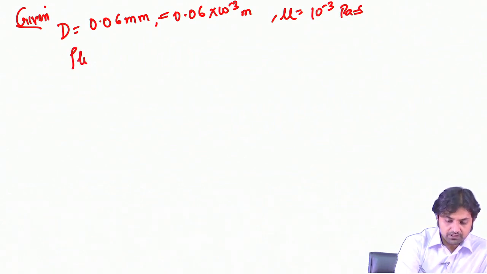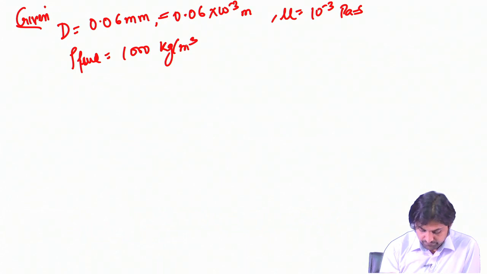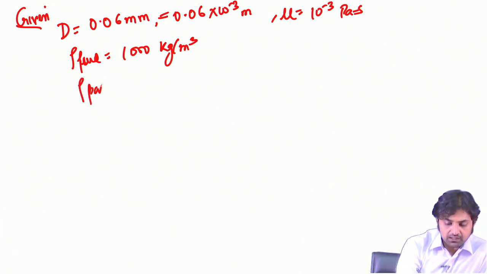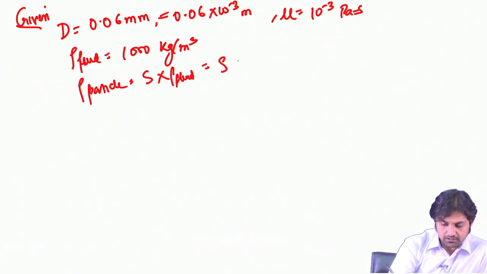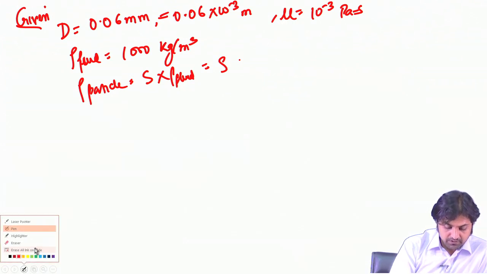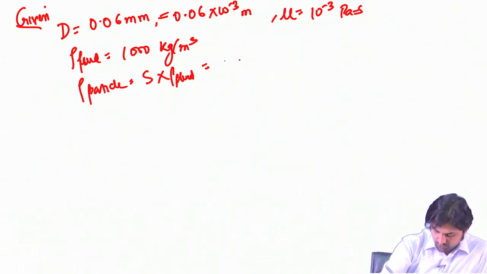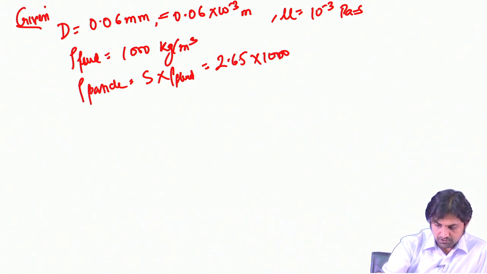Rho of fluid, because it is water, we can take as 1000 kilogram per meter cube. Rho particle will be S into rho fluid. So, S is given as 2.65, so 2.65 into 1000 gives 2650 kilogram per meter cube.